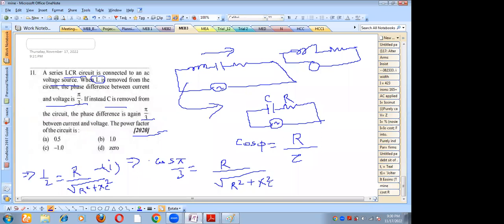Now we have to find the power factor of this LCR circuit.